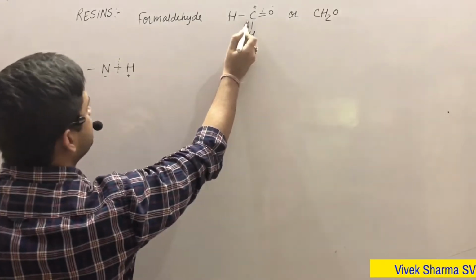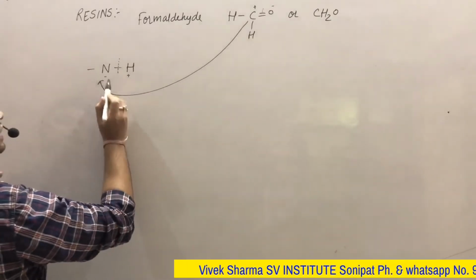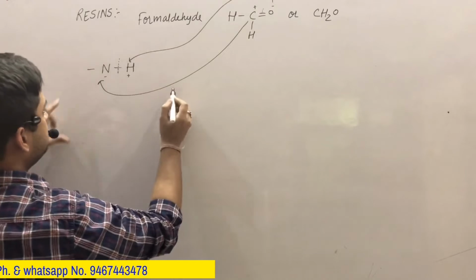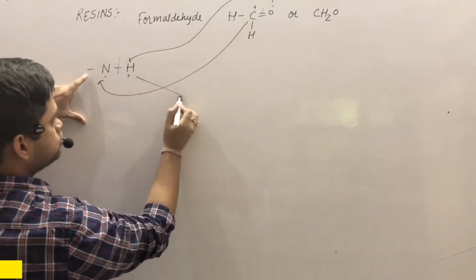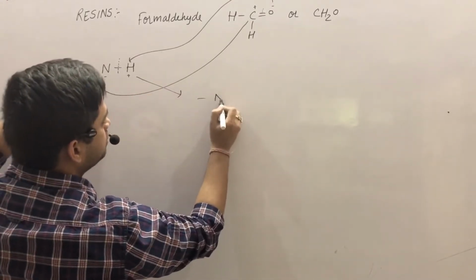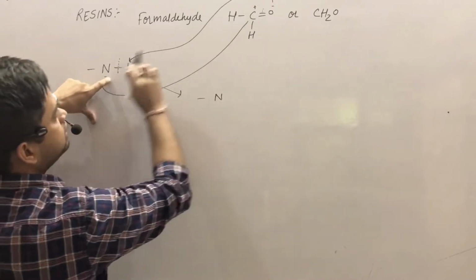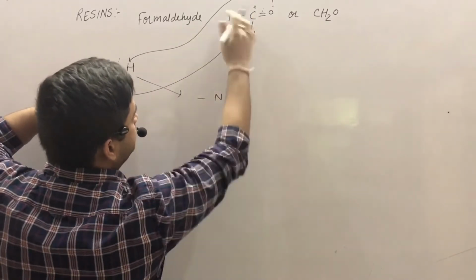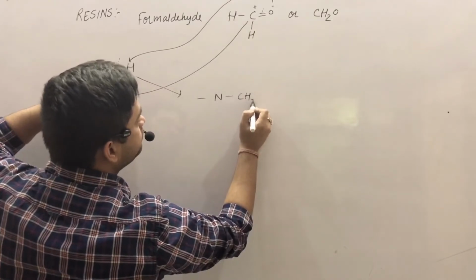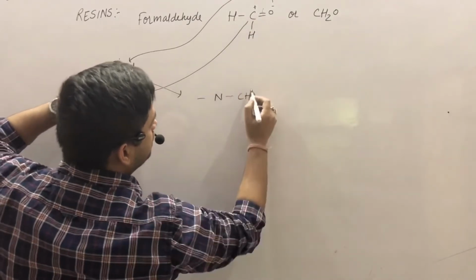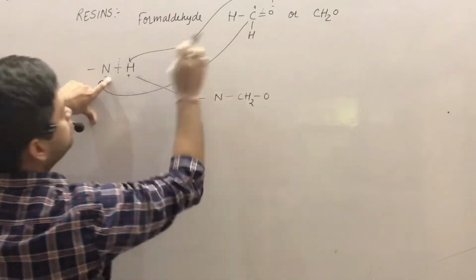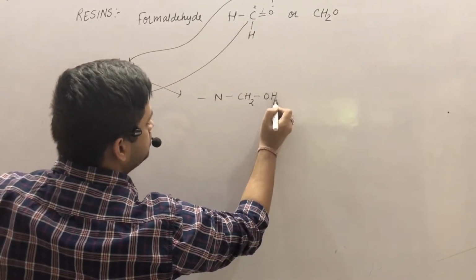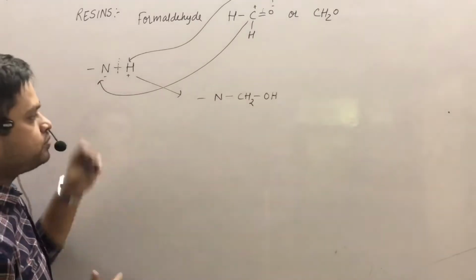This positive will attach at the negative part and this negative will attach at this positive part, and this leads to N. This N is attached to carbon, which is directly attached to two more hydrogens, and which is again attached to oxygen, which then joins hydrogen. This is the base for this group.